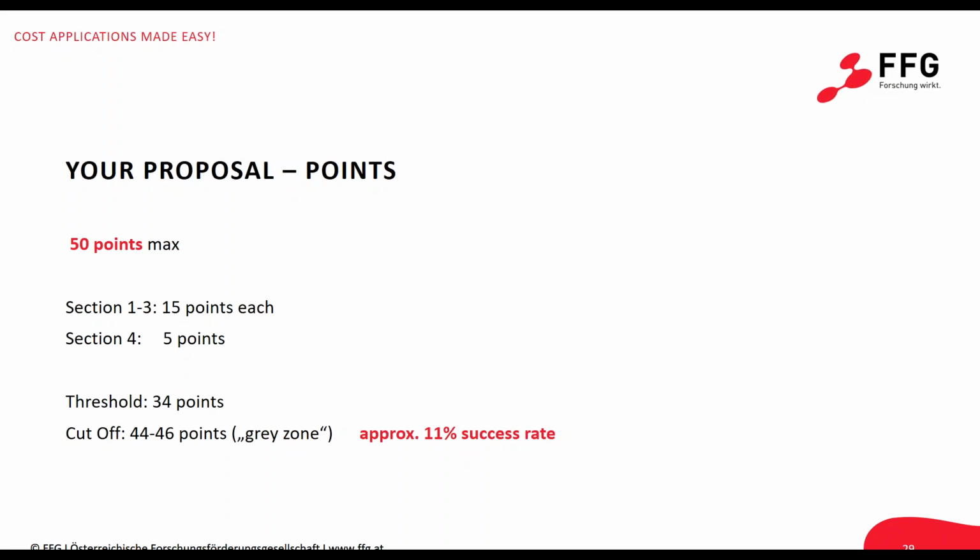The gray zone that I mentioned here means that normally, for example, if 40 new COST Actions are funded, the 31 actions with the highest points, and here we really speak about 47 plus, are automatically funded.